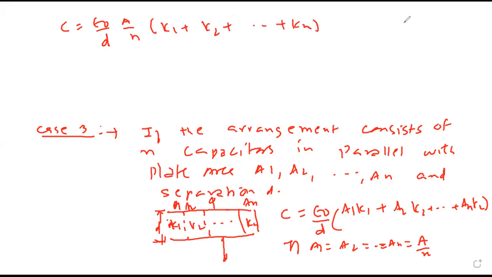So see, if it is only two equal part division, then epsilon 0 by D, this is A by D, K1 plus K2, same we got in the last lecture. Area is A by 2, epsilon 0 by T, and K becomes K1 plus K2. Are you able to recollect that? Yes, sir. Right, third case.